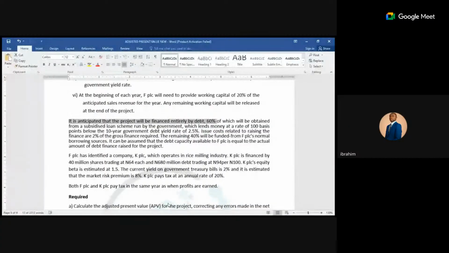If the project is financed entirely by debt, it includes the working capital, because they don't have where to source for finance. They have to source for it through debt. So 60% of which will be obtained from a subsidized loan, class, including the working capital and the cost of the investment, will be financed entirely by debt. So meaning that no equity here, everything will be financed by debt.